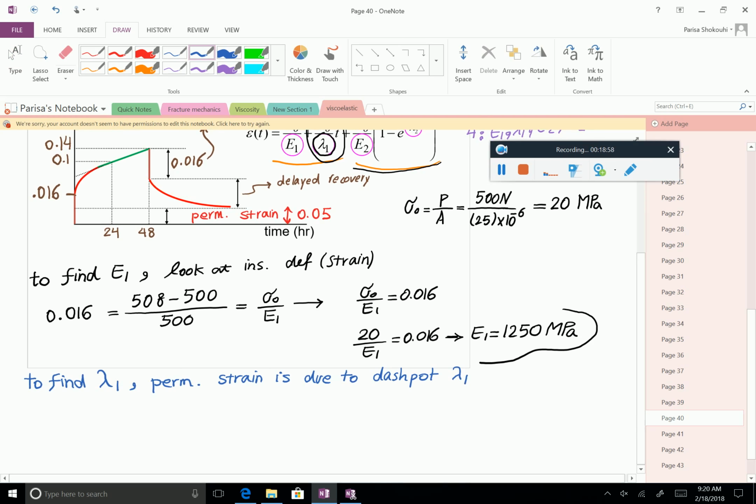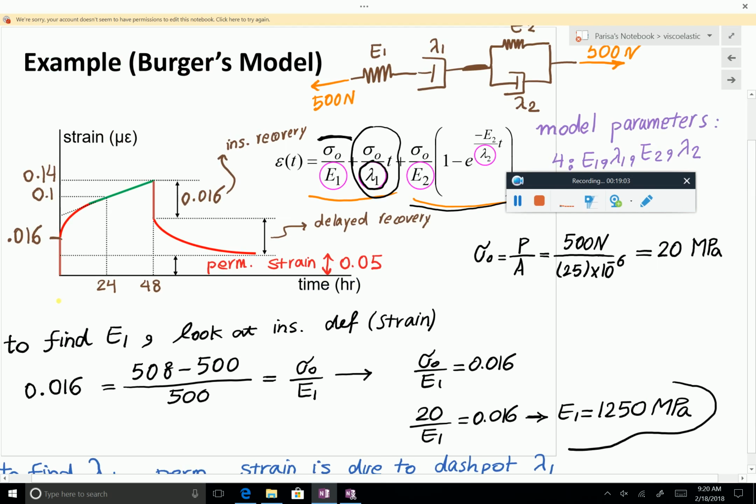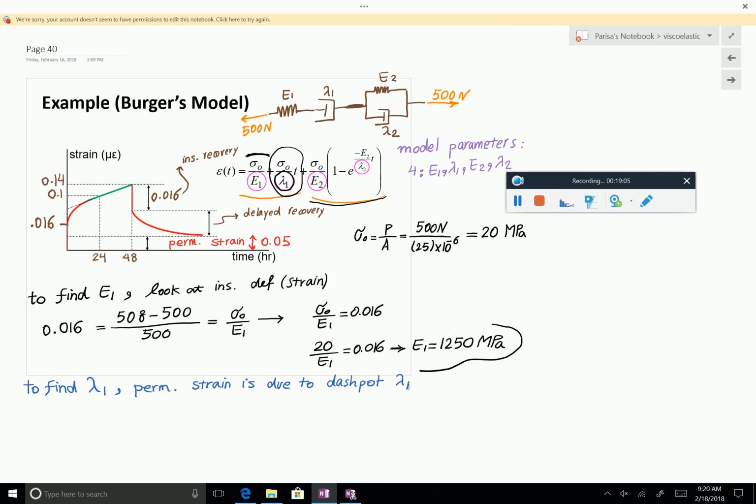So if we recognize that, then we can obtain lambda 1. So the permanent strain is 0.05. This should be equal to sigma 0 times the duration of loading, t0, over lambda 1.